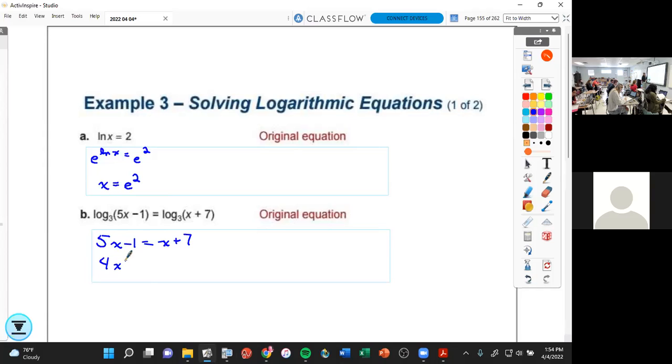Add 1 to both sides. Divide by 4. x equals 2. And again, check your answers. I'll go ahead and clear this.